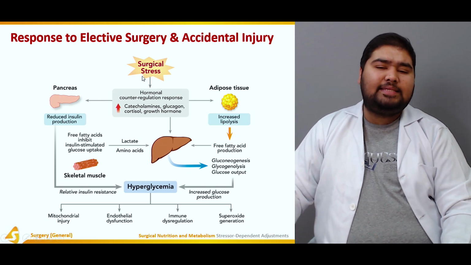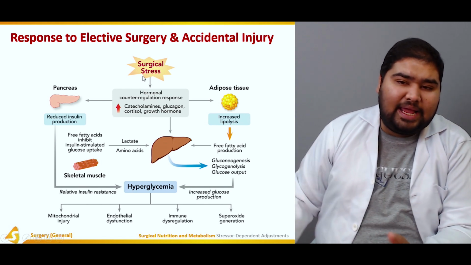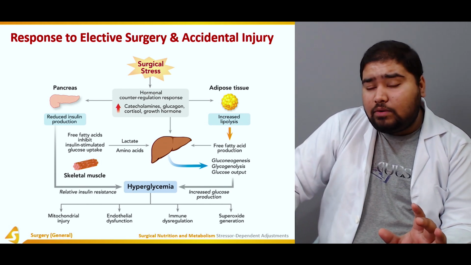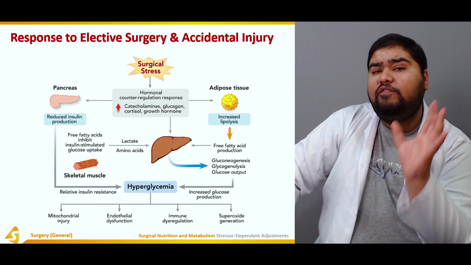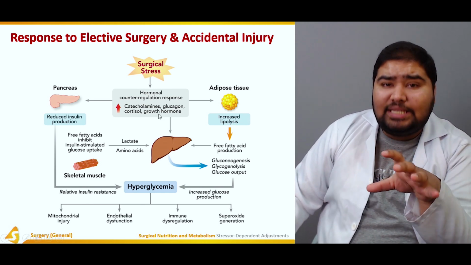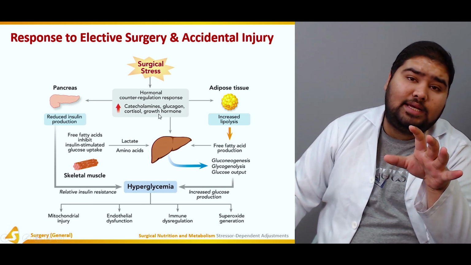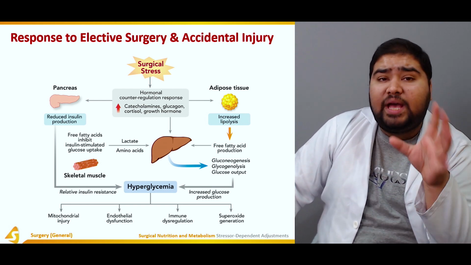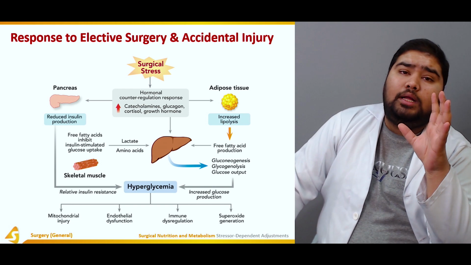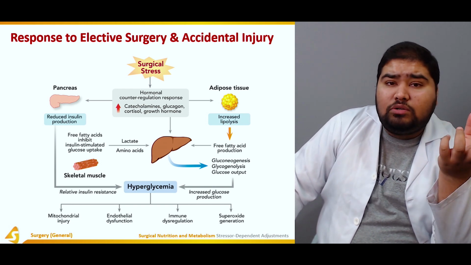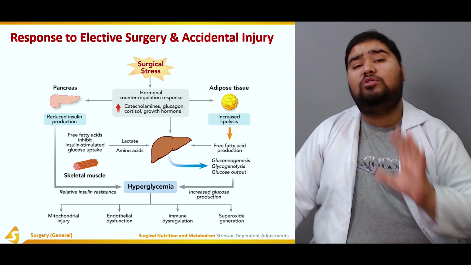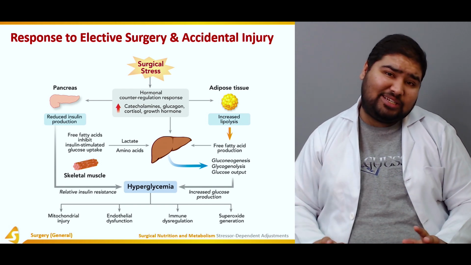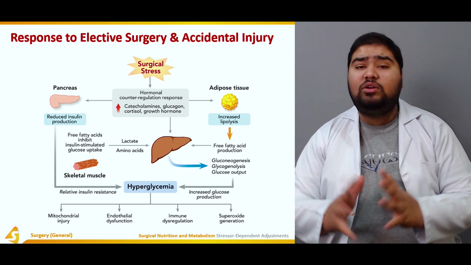So, when there is surgical stress, be it elective or accidental. First of all, the major difference between an elective and an accidental surgery is that in an elective surgery, the body is being prepared for the procedure. The patient builds up on the nutrients. If there's a nutritional deficiency, that is corrected, or the doctor tries to correct it.